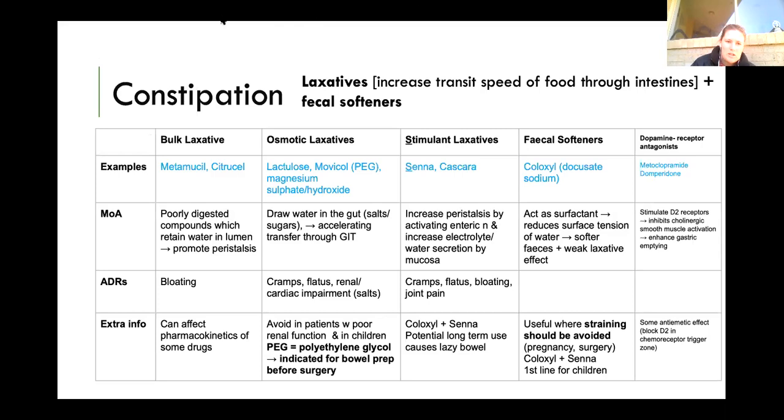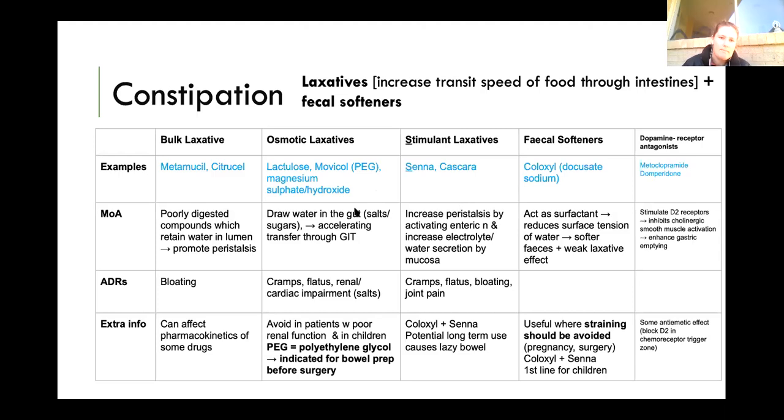and basically it's just a poorly digested compound which retains water in the lumen, and then that's going to promote peristalsis, and it can affect pharmacokinetics of some drugs. You've also got osmotic laxatives, so that's like lactulose and Movicol, which is also PEG, and that was one of the only laxatives I really remembered, because PEG, polyethylene glycol, is indicated for bowel prep before surgery.